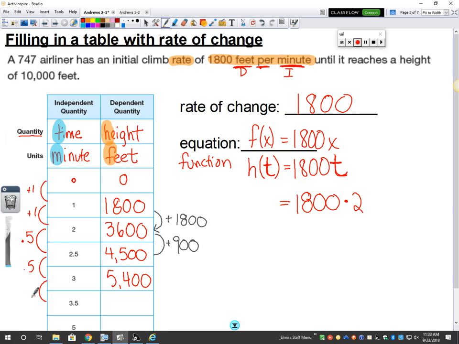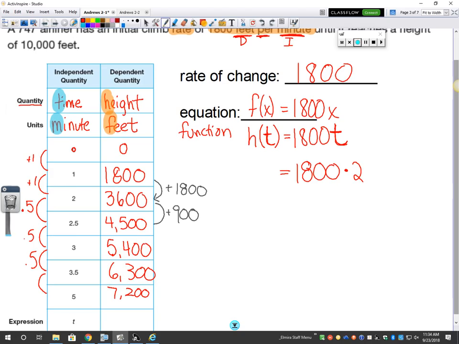And then we're going up by half again. 6,300. And at 5 minutes would be 7,200. I believe that's the bottom of the chart, but let's just check. Nope. All right. So 7,200. Basically what it's saying down here, the expression is T, and that's your input.